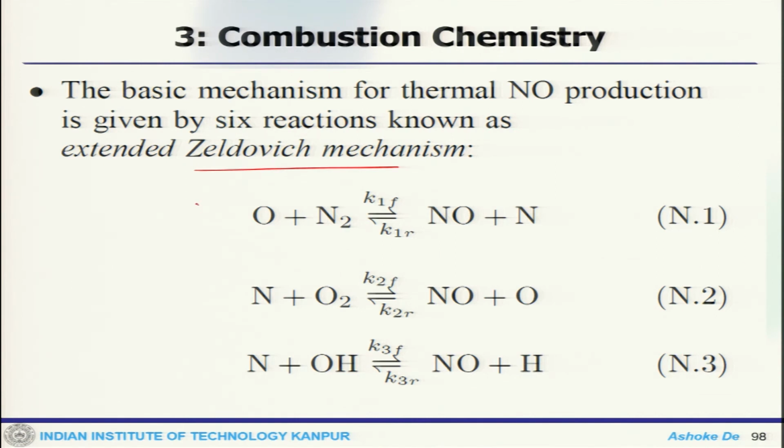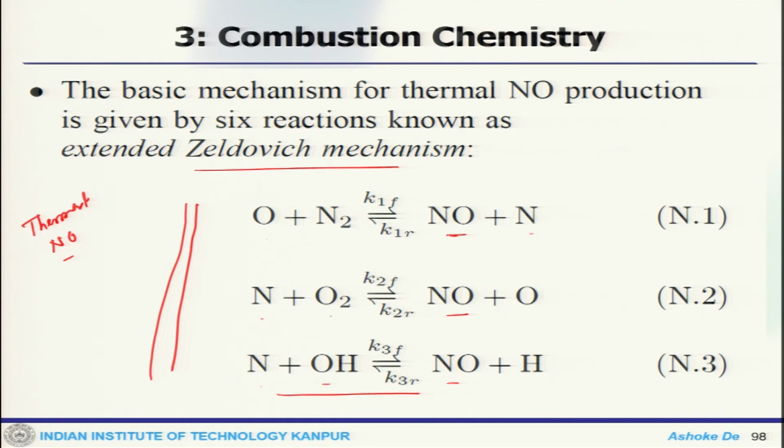These are the 6 reaction steps, forward and backward reactions. The O radical reacts with N2 to form NO, N reacts with O2 to form NO, and N reacts with OH to form NO. The reverse reactions are also possible, like NO with N, but this is the thermal NO formation mechanism.